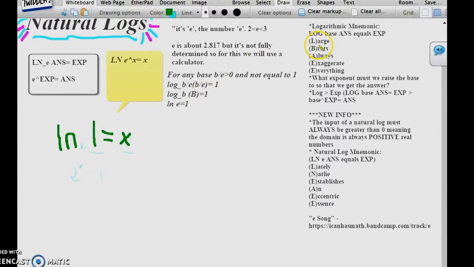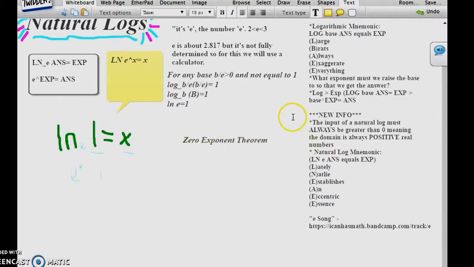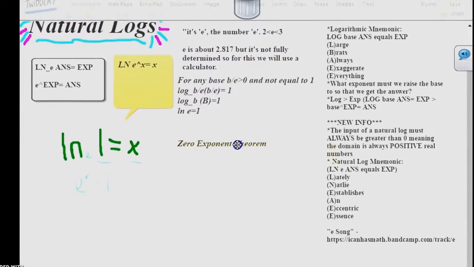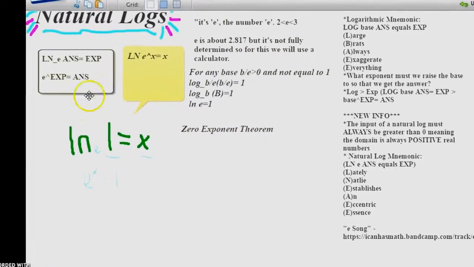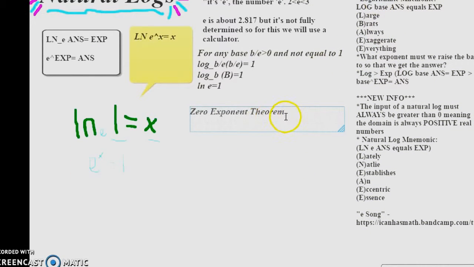We can use something called the zero exponent theorem, which means that any base that is greater than 0 but not equal to 1 raised to the zero exponent will give you 1. So let's type that in, actually.